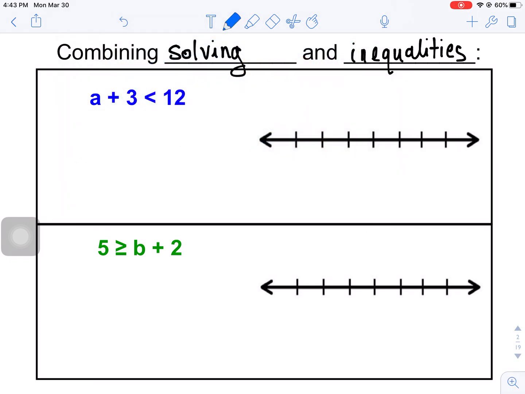So just like before, when we were solving equations and we saw an equation like the one here, our first step is going to be to draw a line down the middle.